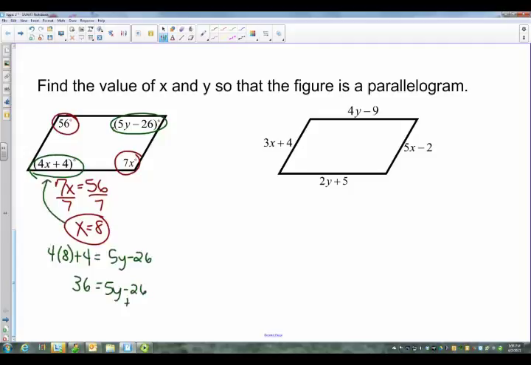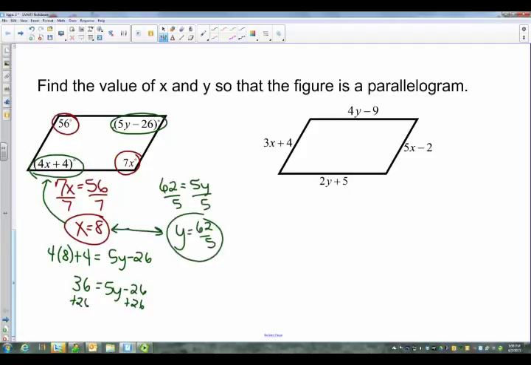I add 26 to both sides, so 36 plus 26 is 62, equals 5y. Divide by 5, and y is equal to 62 fifths. So as long as y is 62 fifths and x is 8, these things are in fact a parallelogram.